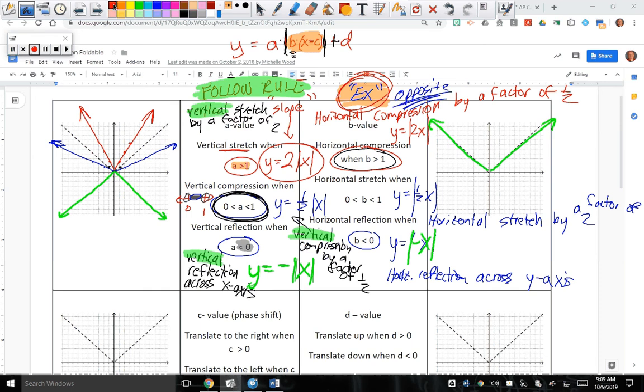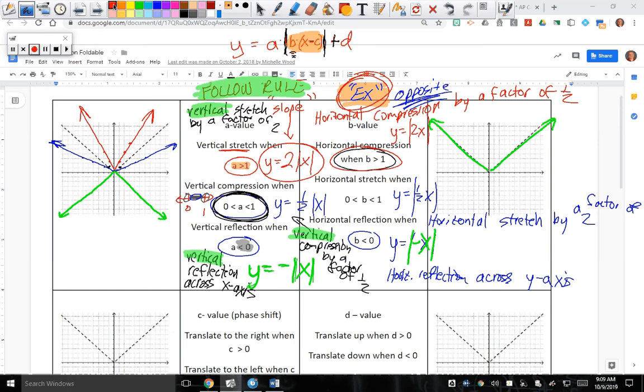Okay, so now let's look at the horizontal compression by a factor of 1/2. What's going to happen? So the slope is going to increase, basically. Whenever you're graphing, the slope's going to increase. So if I do a horizontal compression, that's what this is, right?